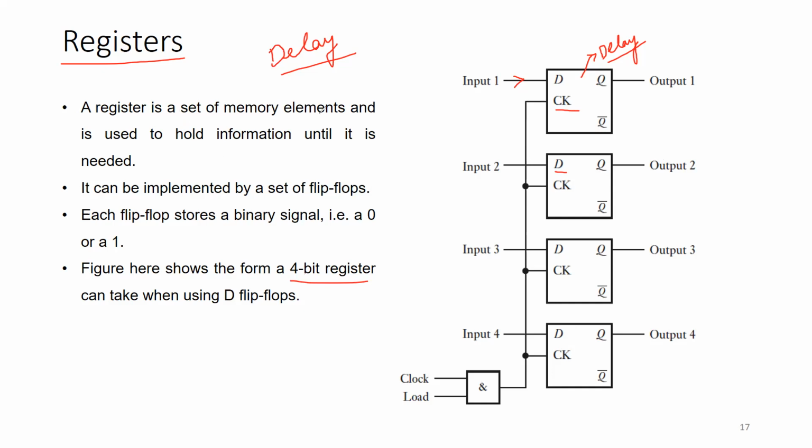So register is a set of memory elements used to hold information until it is needed. That means input will be stored for a certain time period. So it can be implemented using delay flip-flops. So it stores value 0 और बस वही है 4-bit के लिए different 4 register use होंगे.